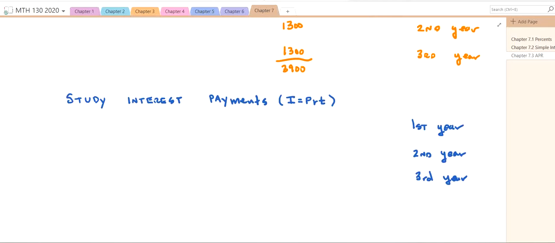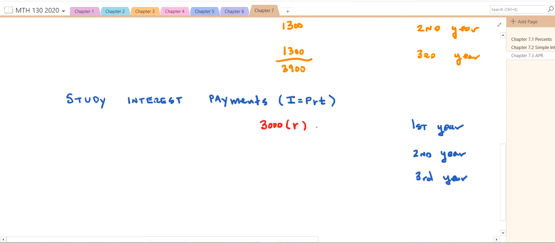So let's focus in on these interest payments you make. So the first year, you owe the whole thing, $3,000. And the rate was 0.1. Well, actually, what we're going to do is try to calculate what the effective rate is.